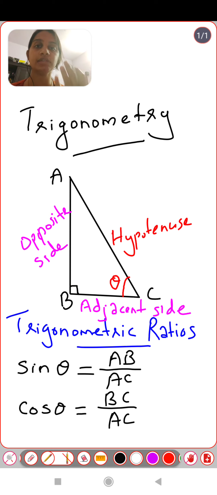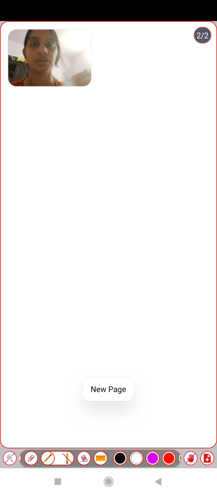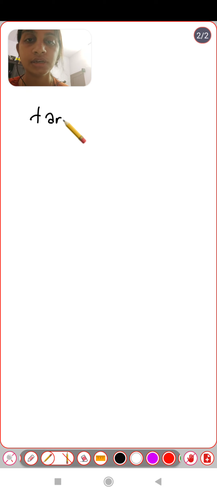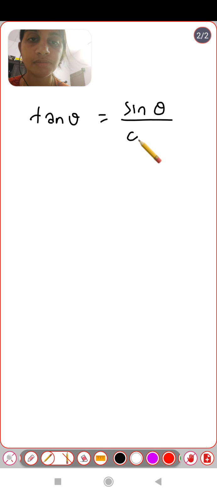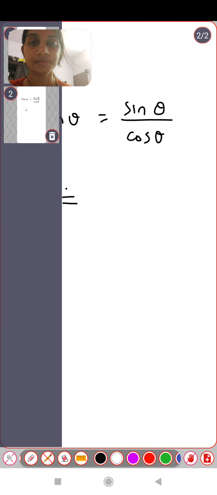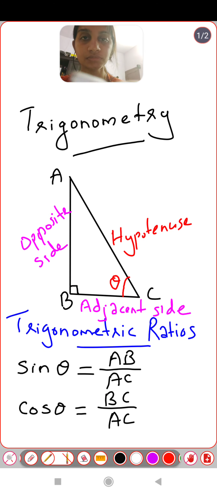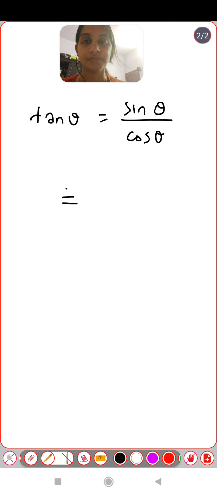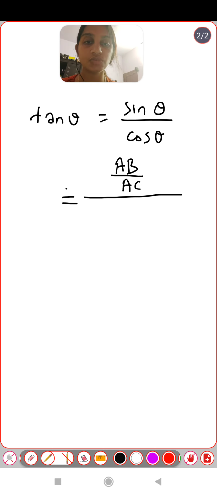And now we know that tan theta means sin theta divided by cos theta, right? So tan theta equals sin theta divided by cos theta, and here sin theta is equal to AB by AC, right? And cos theta is BC by AC.